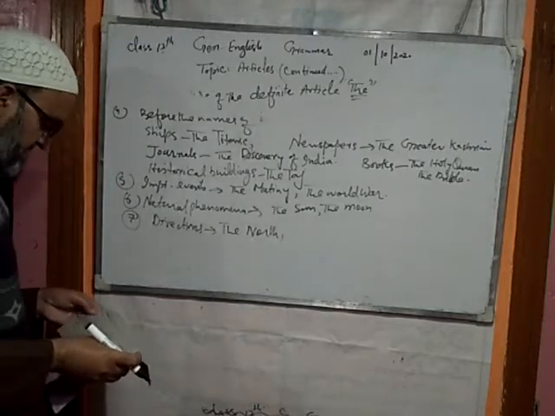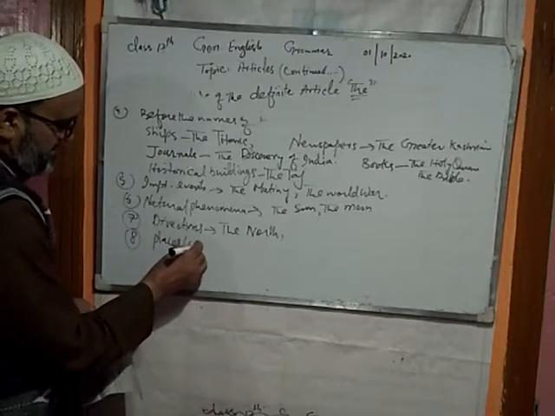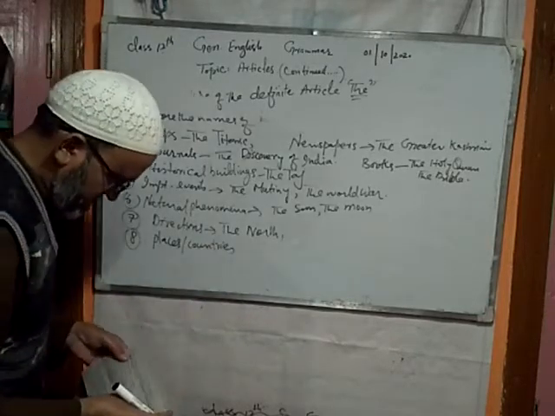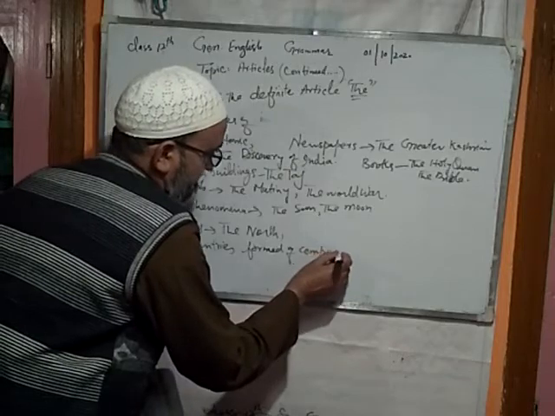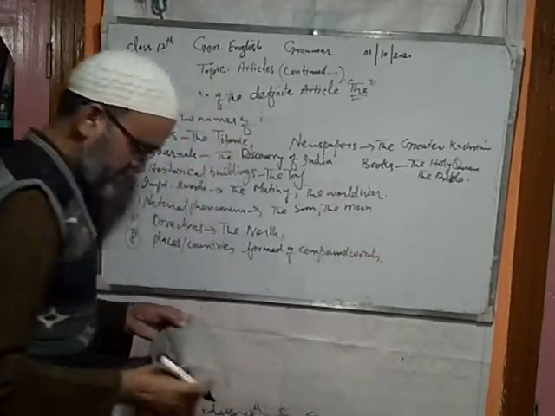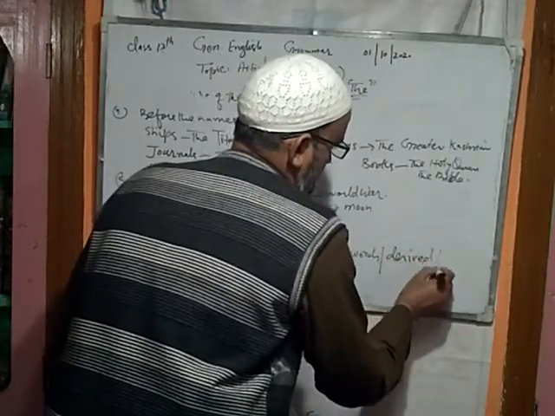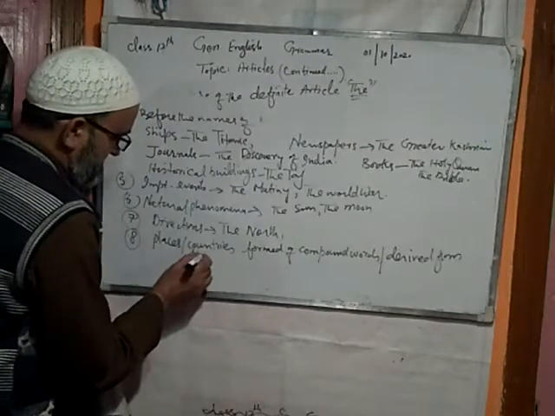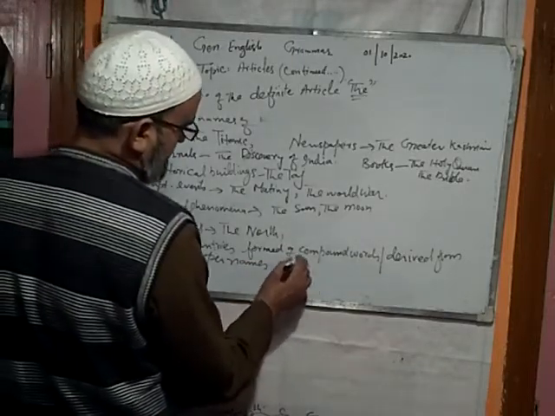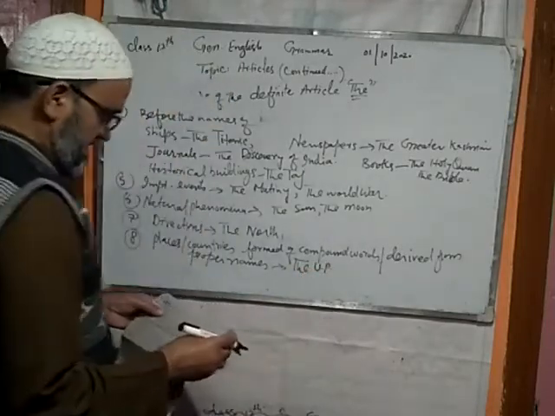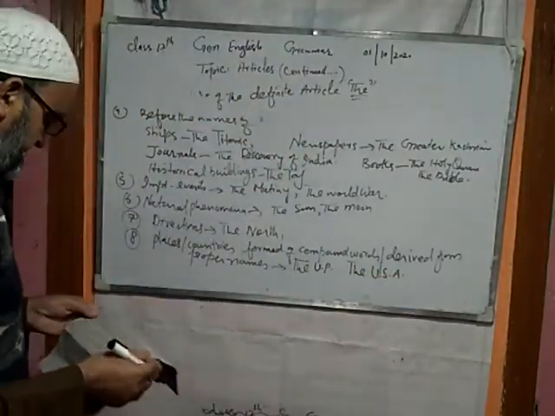Before the names of places or countries formed of compound words, compound words derived from proper names, for example, the United Provinces or the UP, the United States of America or the USA, the Punjab, etc.